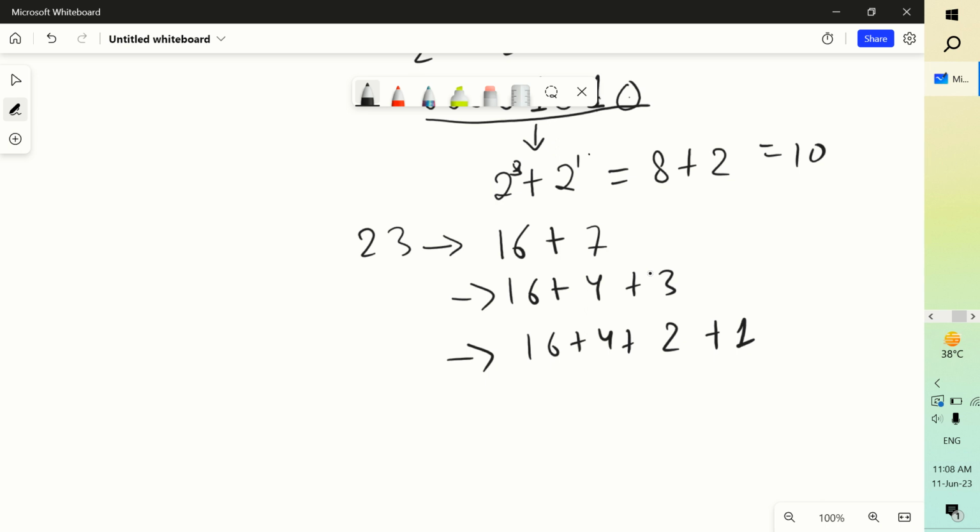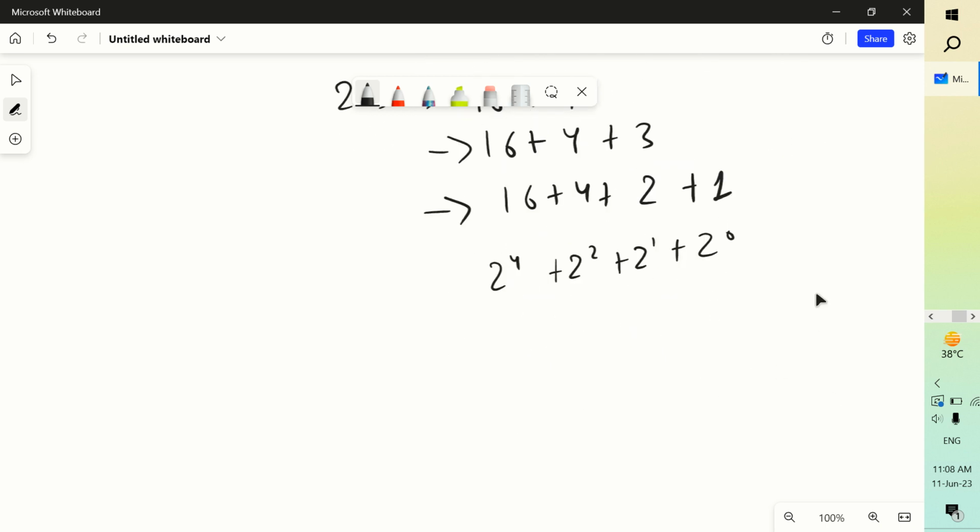Okay. So what is 1? 2 raised to the power 0 is 1. What is 2? 2 raised to the power 1 is 2. What is 4? 2 raised to the power 2 is 4. What is 16? 2 raised to the power 4 is 16. So at place 0 we will write 1.